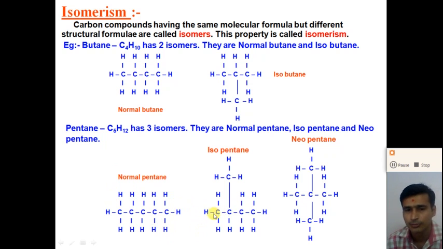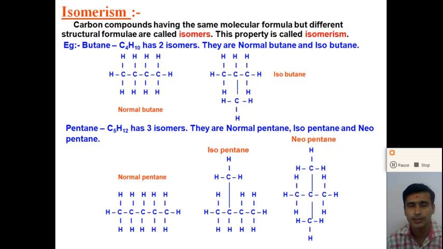Here 4 carbons are connected in a chain and one carbon is in a branch like this, and that is called isopentane. Similarly, 3 carbons are connected in a line and the other 2 carbons are joined with the single central carbon. This one is neopentane. So pentane has 3 isomers, right?